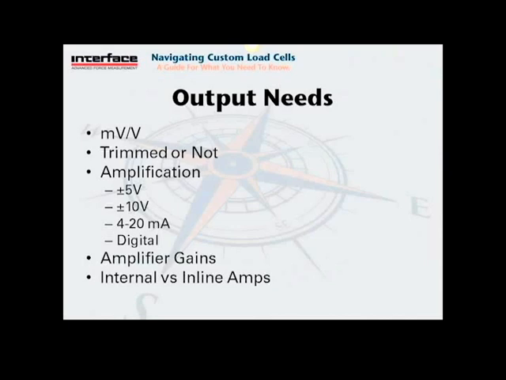So you can't take a load cell and use 10% of its range and amplify it to a higher level and still expect to have a superior performing load cell with a 100 times overload. An example would be if you try to amplify a 0.5 millivolt signal to a 10 volt output, you're going to get a gain of around 2,000. And with that, you're going to amplify all the load cell errors and any interference noise that's coming into that.